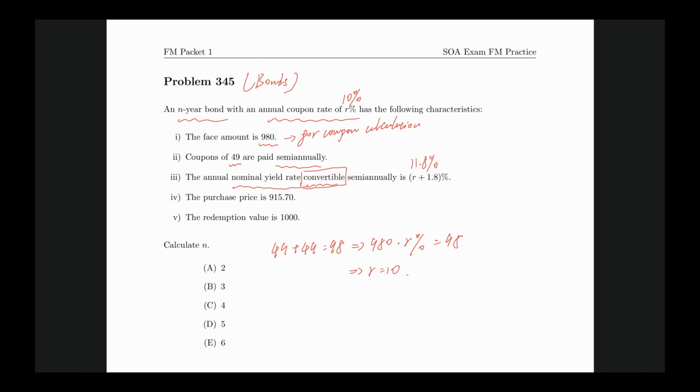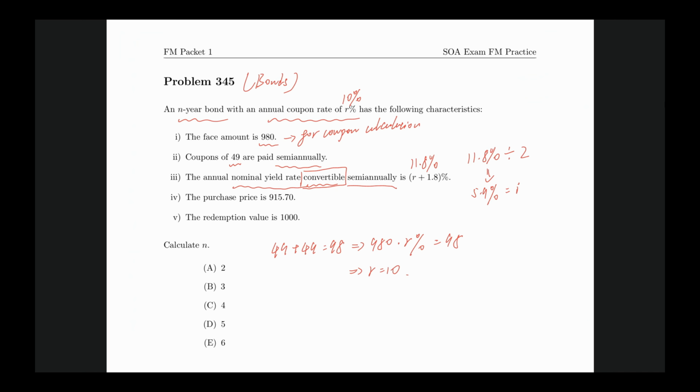Convertible semi-annually means I can convert it to the interest rate of half a year by just dividing by 2. So the effective interest rate of half a year is 11.8% divided by 2, and that's going to be 5.9%. That's our interest for half the year.